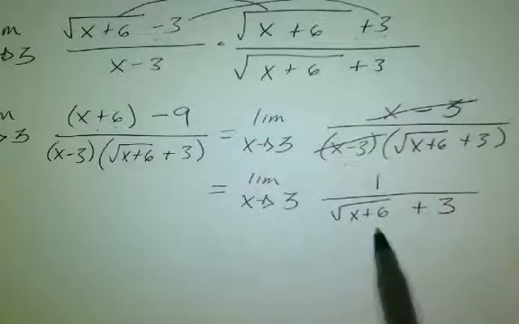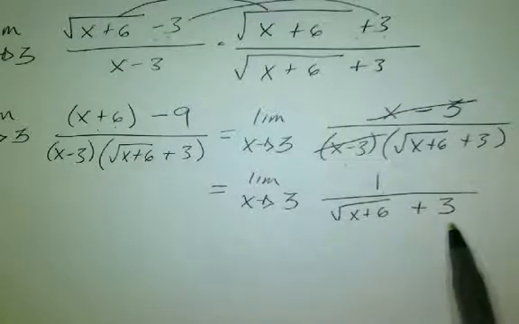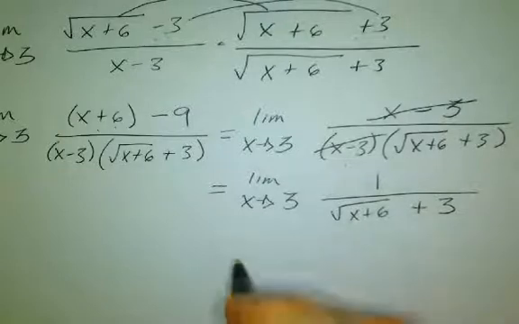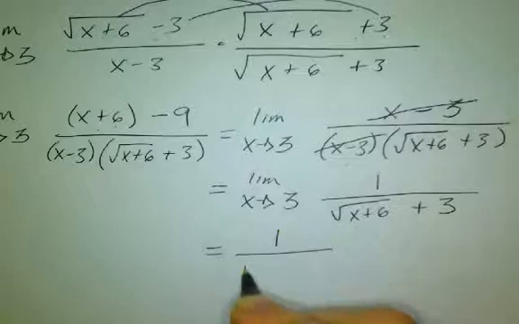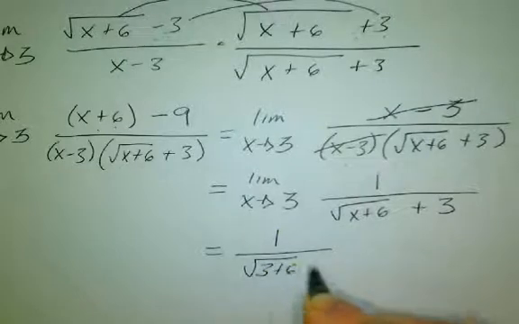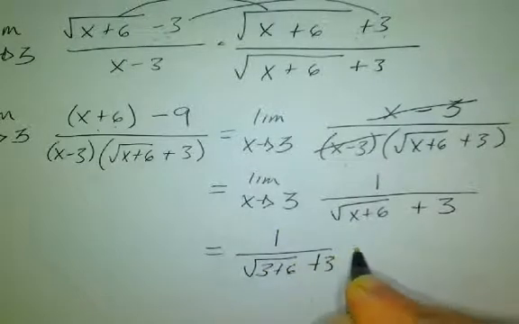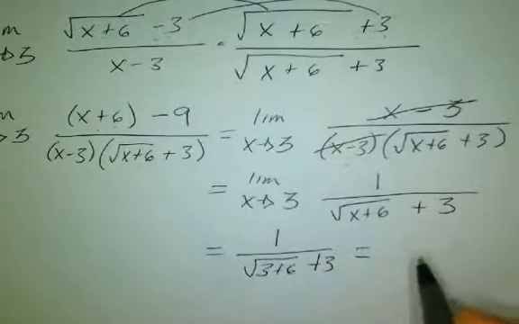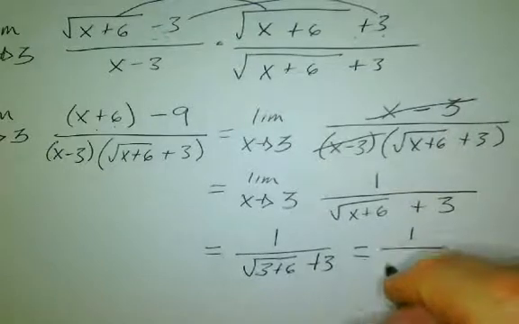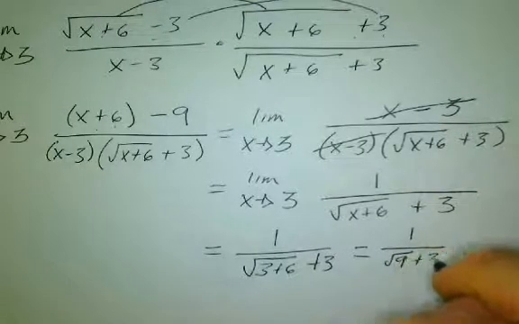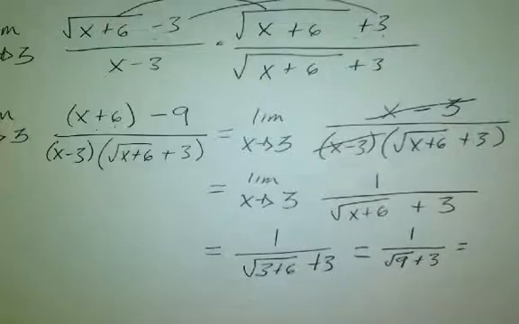I'm left with the square root of x plus 6 plus 3 in the denominator, so all I have left to do is substitute. Three plus 6 is 9, so I have 1 over the square root of 9 plus 3. The square root of 9 is 3. 3 plus 3 gives me 6.